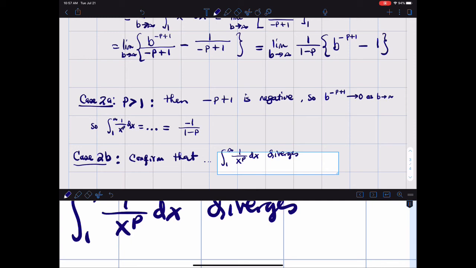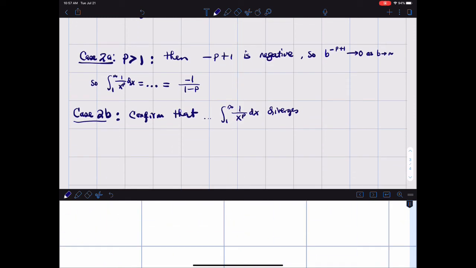Just the same argument. Use the same argument I used over here.